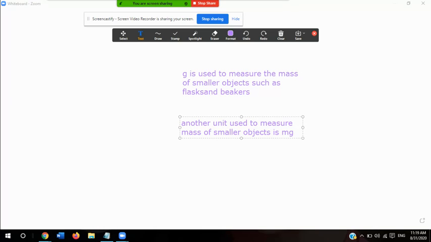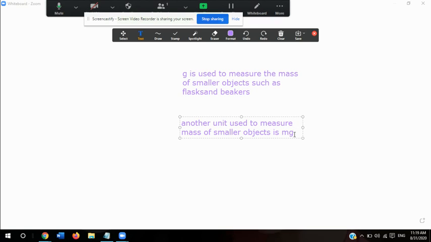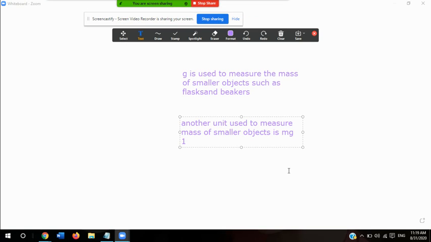So the milligram is an extremely small unit to measure. It's actually smaller than a centigram, which I explained a couple of minutes ago.